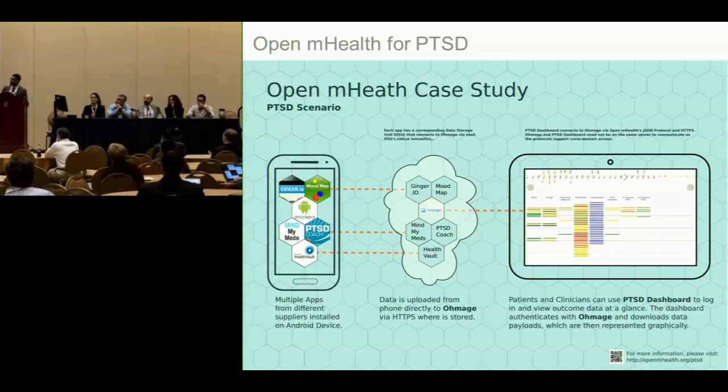Just a brief overview. You see on the far left a number of different applications like Ginger.io, Intel's Mood Map, PTSD Explorer, Kaiser's My Meds, and Microsoft HealthVault.